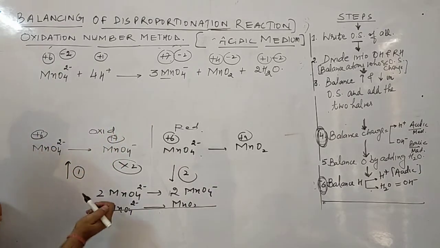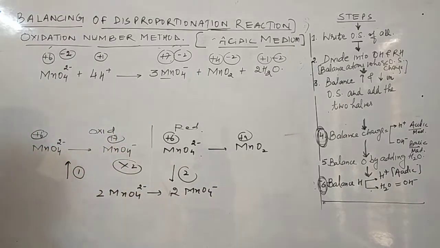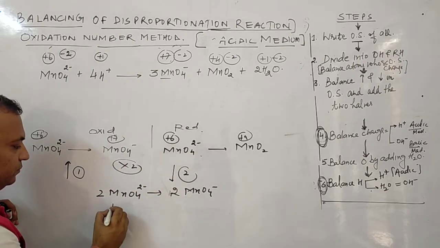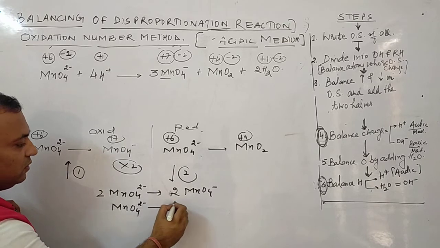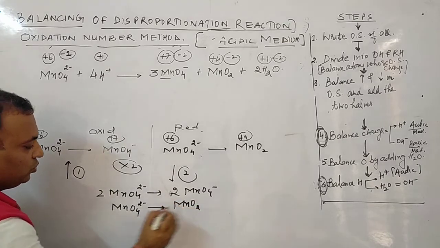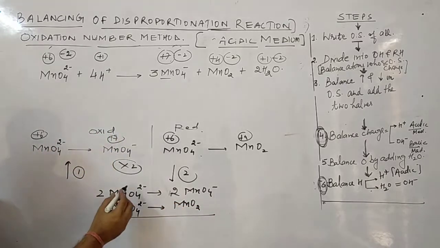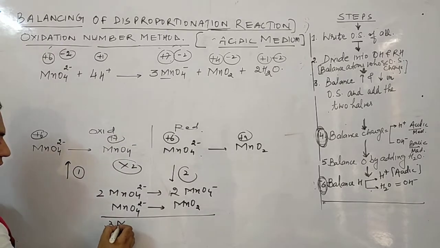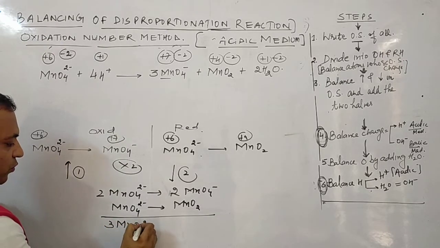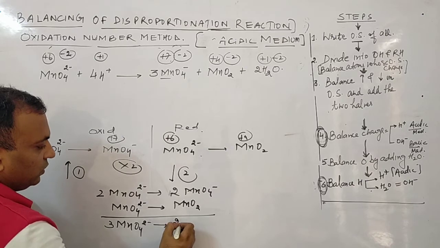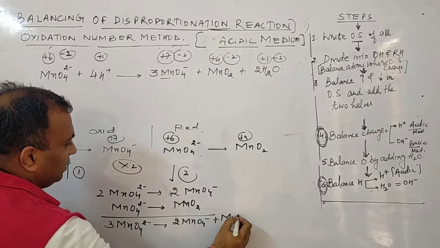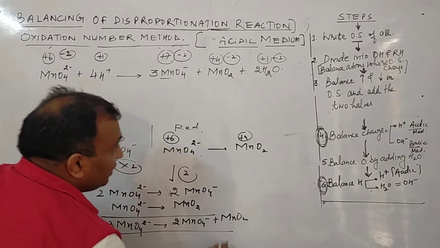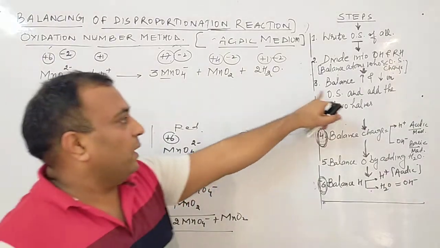On adding this, I'll write again. MnO4 2 negative, MnO2. Now it will be 2 plus 1, 3, MnO4 2 negative, twice MnO4 negative plus MnO2. Step number 3, balance and add.